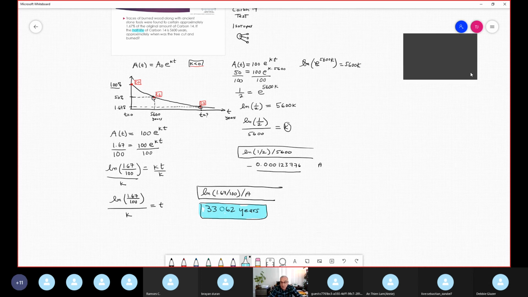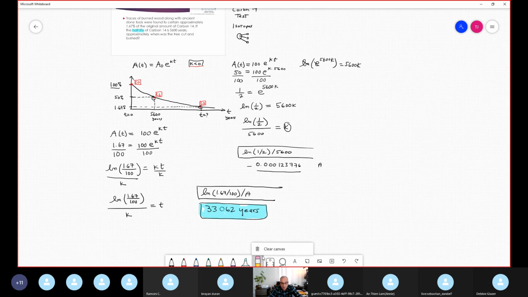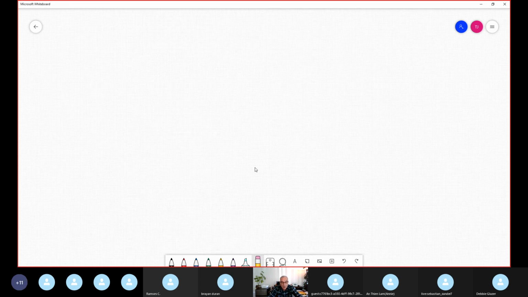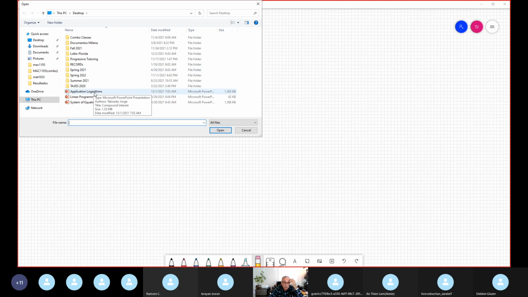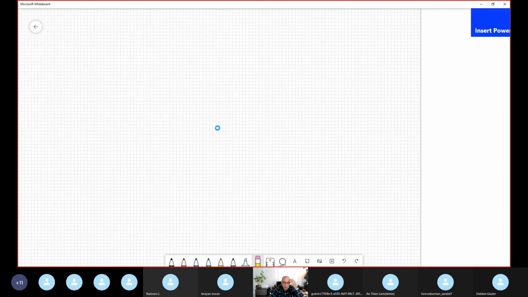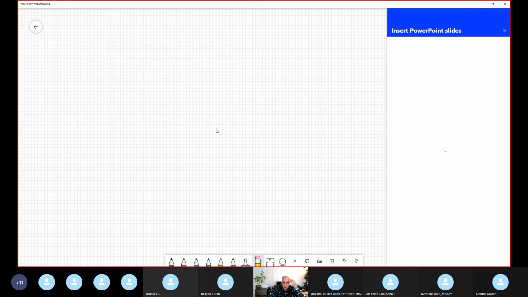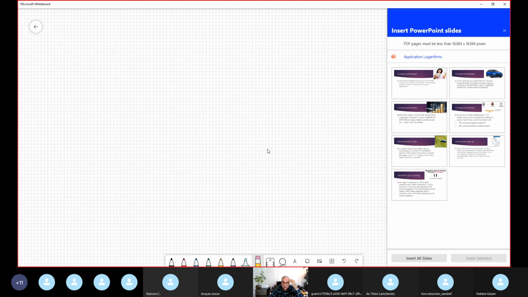Let me erase the board. Okay, the last problem is physics. It's Newton's law of cooling. Look at that. Don't be scared, because in the test I put a similar example.